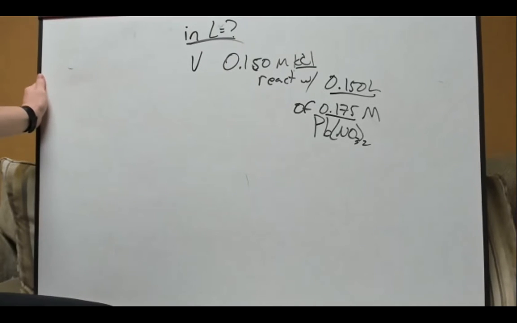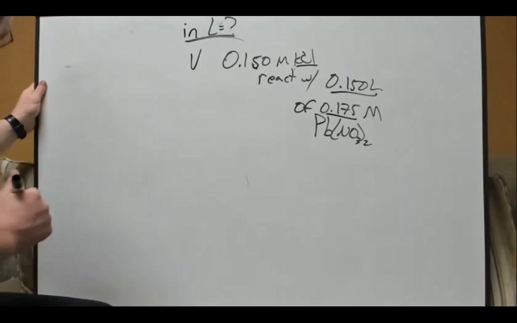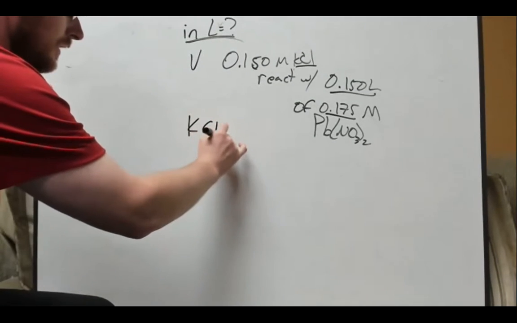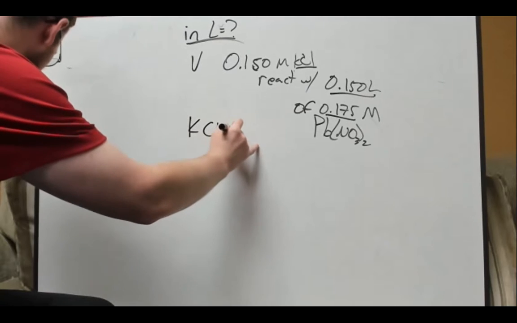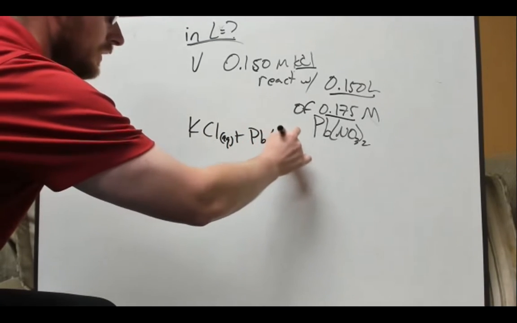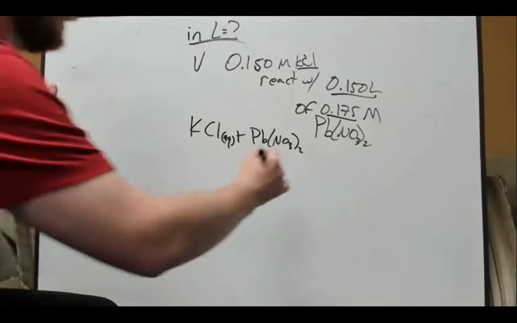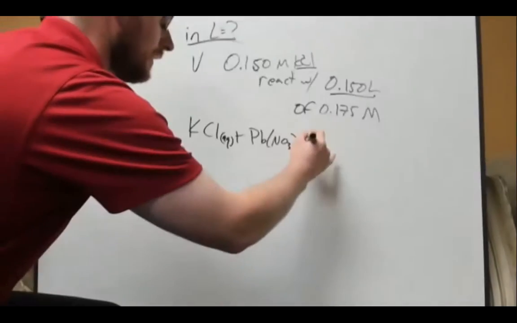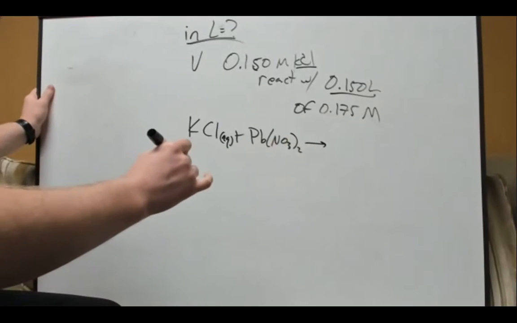But where do we even start with this? You guys are right, we need an equation. We need an equation to make sure we can understand what is going on, because we need to know the mole ratios.